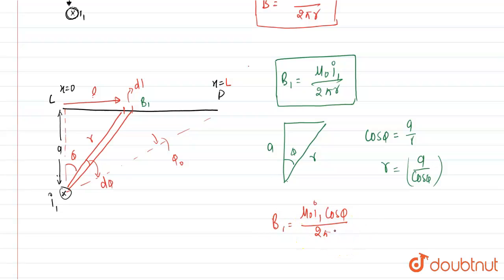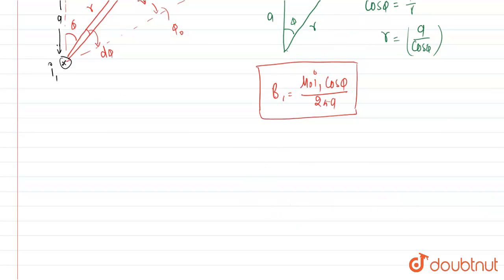The direction of that magnetic field B1 will be as shown. That angle is phi, and that angle is 90 minus phi. Now the force on that element, dF, is equal to current I2, magnetic field B1, length dl, and sin phi.